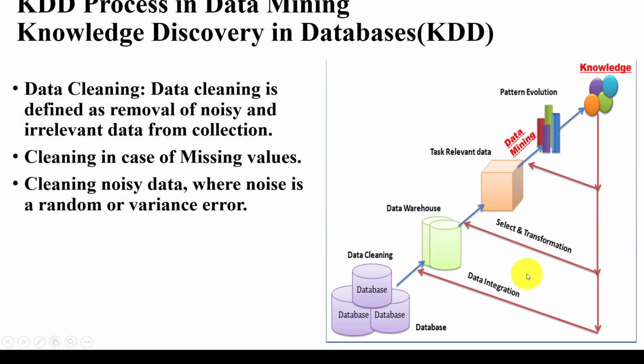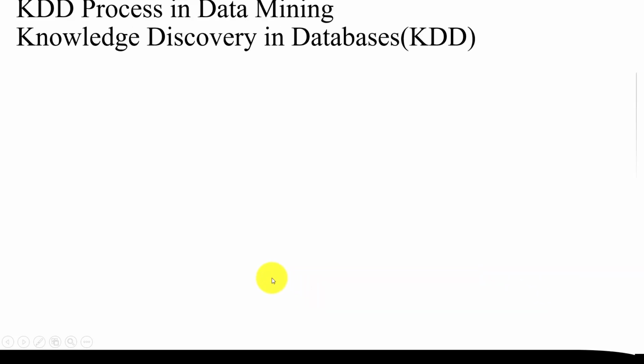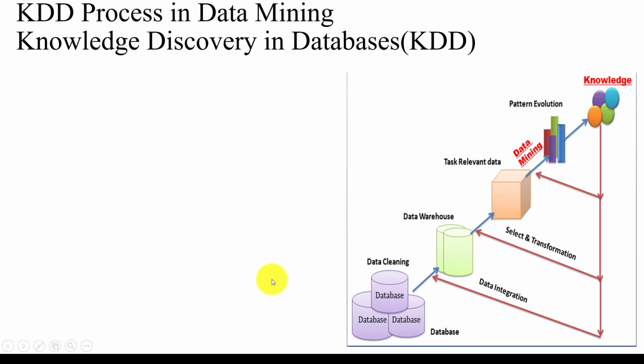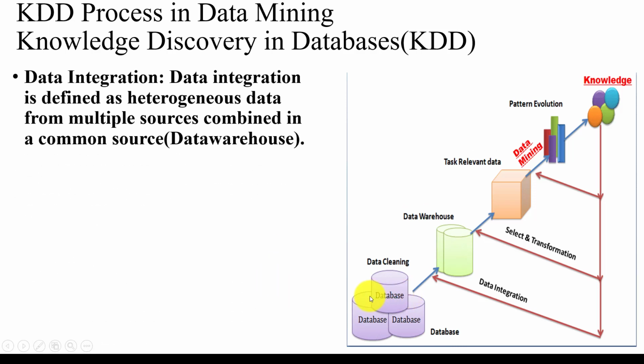Now let's understand what is meant by data integration. After the step of data cleaning, the next step is data integration. What is meant by data integration? It is defined as heterogeneous data from multiple sources combined into a common source in the data warehouse.